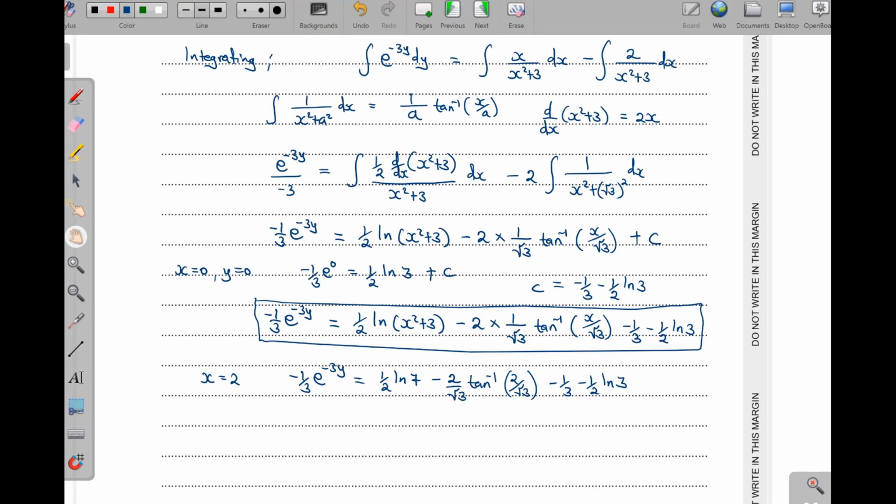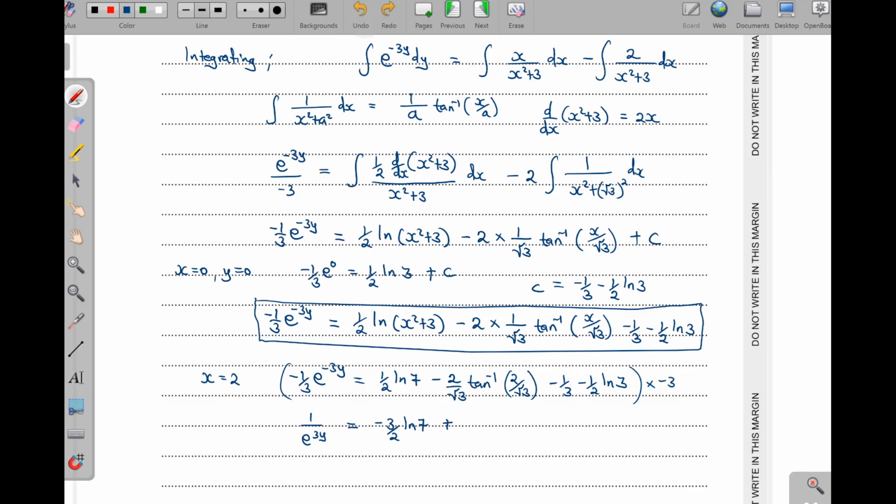Then we are going to have, I can write this as, okay, multiply all through by 3. In fact, negative 3, so that this one becomes a positive. Then this one will be 1 over e power 3y, not so? This e power negative 3y is 1 over e power 3y. Then, remember multiplying all through by negative, so we shall have negative 3 over 2, then natural log of 7, then this one becomes a plus 2, this one times this, don't you get 6?